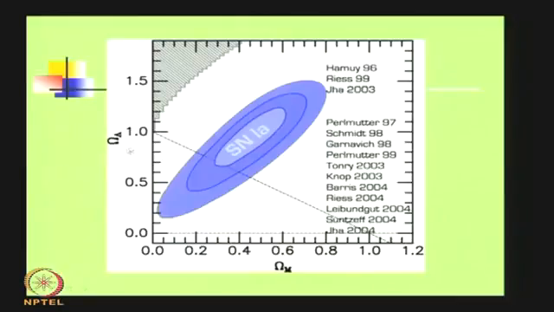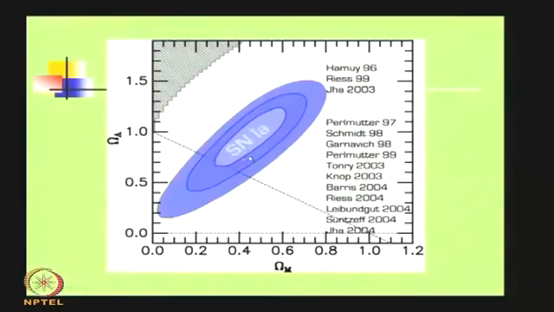And the solid line is the region where the universe is spatially flat. The point to note over here is that the supernova observations indicate with a reasonably good level of confidence that the omega lambda has to be there.